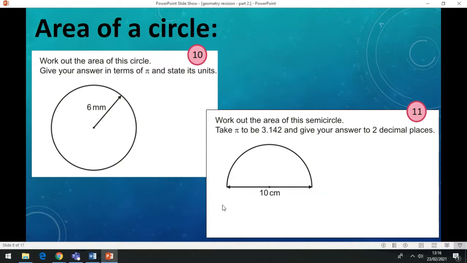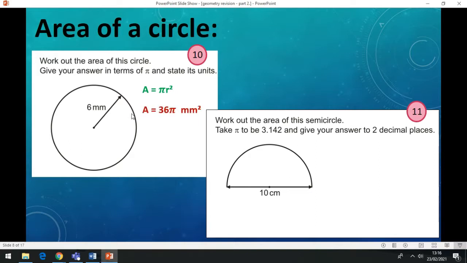Area of circle, we know from our formula sheet that we looked at earlier, is area equals pi r squared. R is the radius, so here we just substitute our values. The radius would be 6 squared, which would be 36. Now it says here to give your answer in terms of pi and state its units.